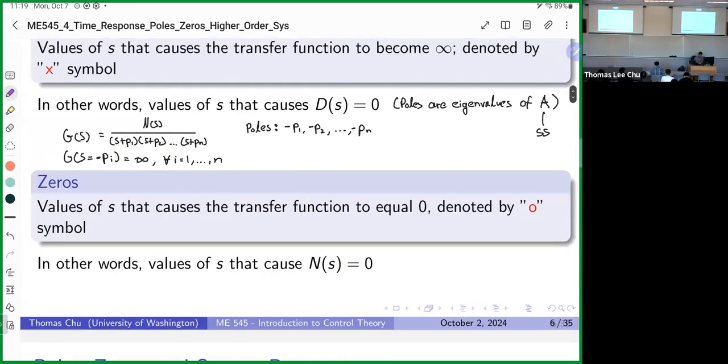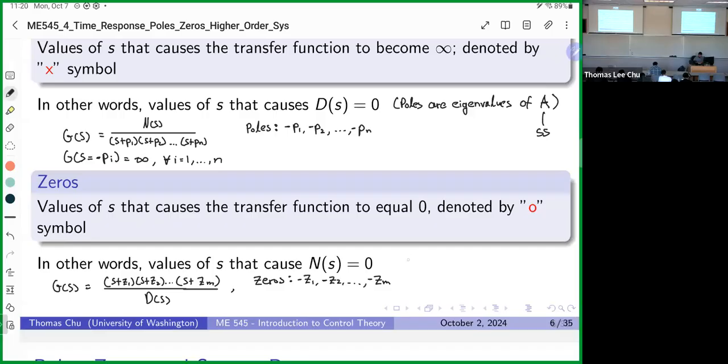And if I were to write that out, usually the way we write it out in the textbook is this: G of s is equal to s plus z1 times s plus z2 all the way to s plus zm divided by D of s. So then our zeros are going to be minus z1, minus z2 all the way to minus zm.